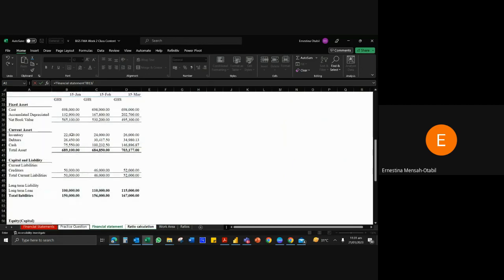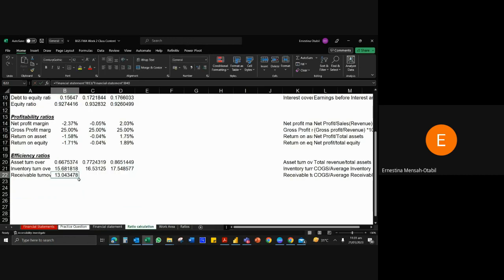Receivables are also the same as debtors, the people you owe. So basically, a higher receivable turnover shows that the company is able to pay off its debtors very quickly. That's receivable turnover.